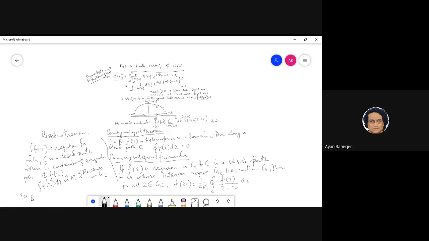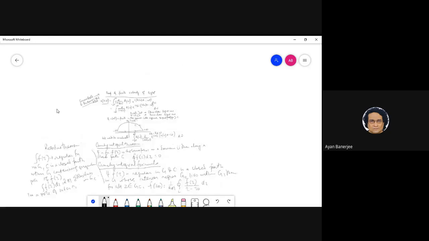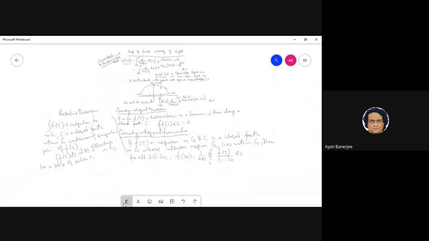For a pole of order n, your residue A is given by 1 over (n minus 1) factorial, d^(n-1)/dz^(n-1) of (z minus z0)^n f(z), evaluated at z equal to z0.